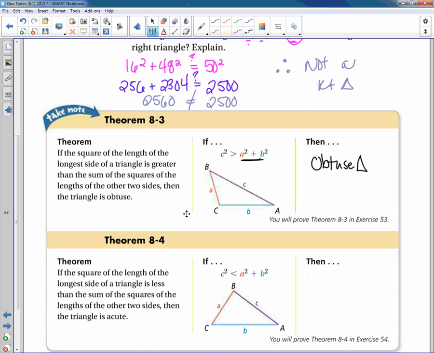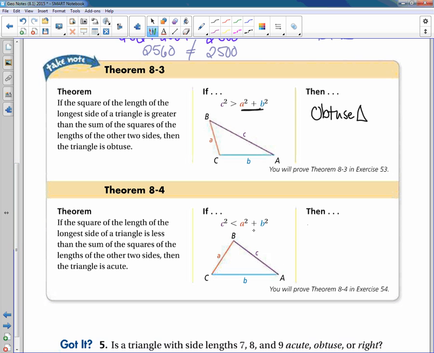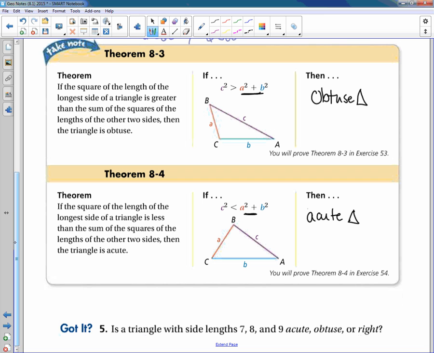Okay? And if the sum of a squared plus b squared is actually greater than c squared, then we will have an acute triangle. So we can use that same relationship that Pythagoras found for the right triangle to determine whether we have an acute or an obtuse triangle.